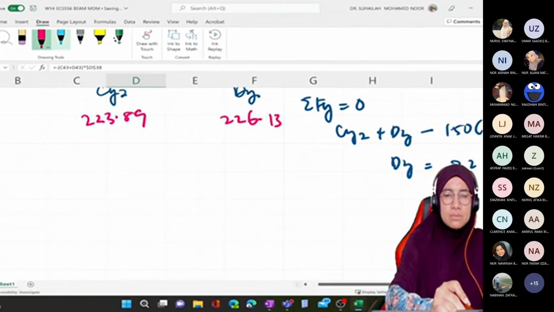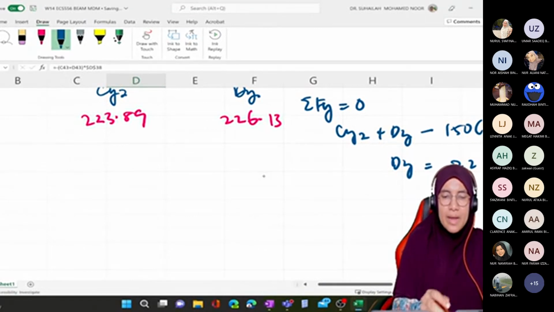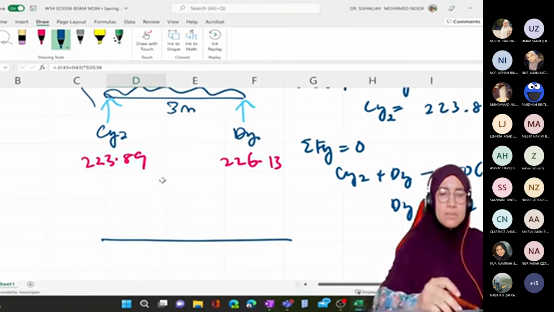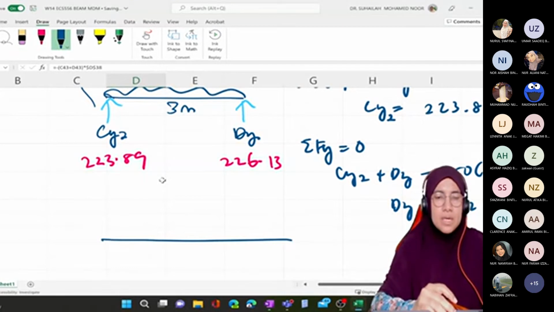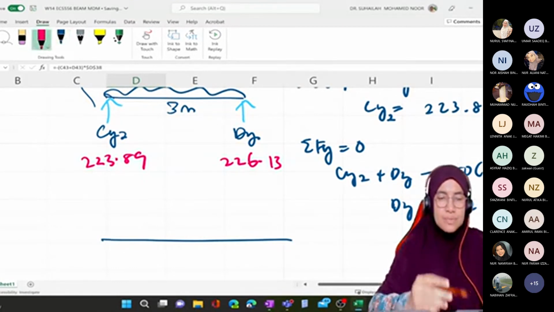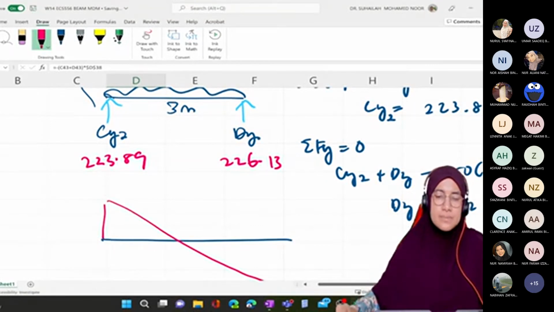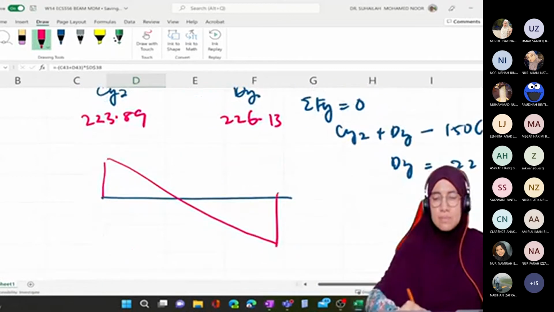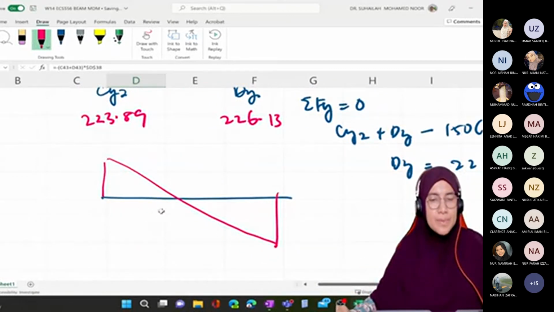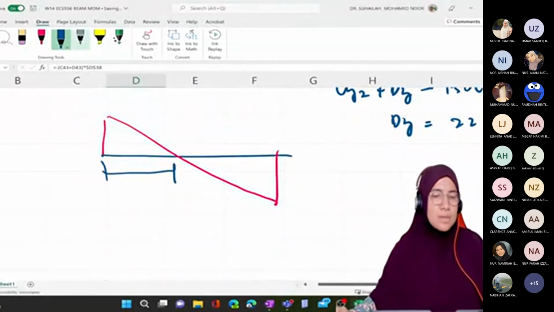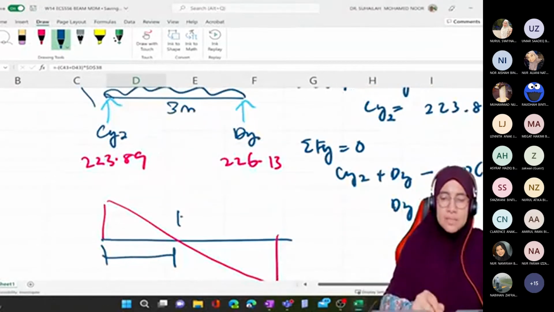So the shear force diagram for member CD has intersection, like this. So identify the distance.